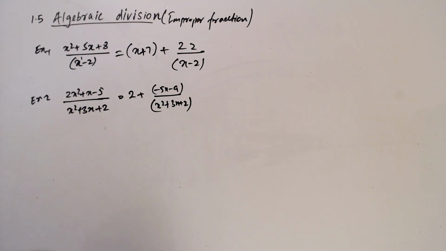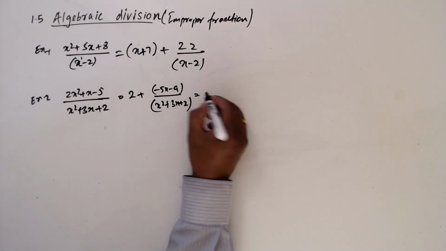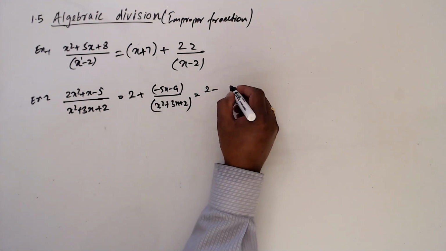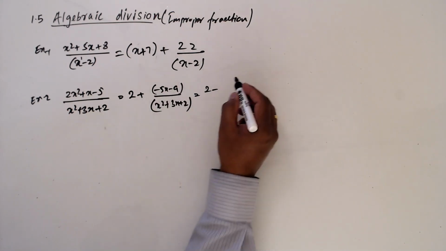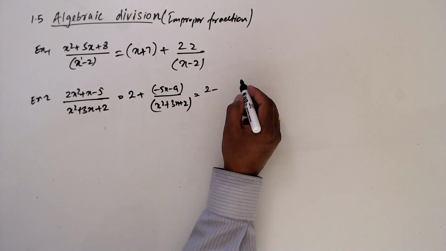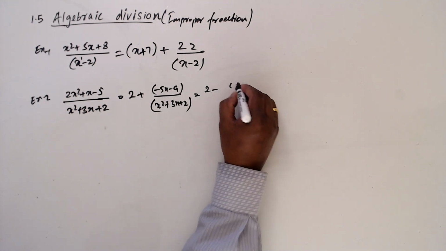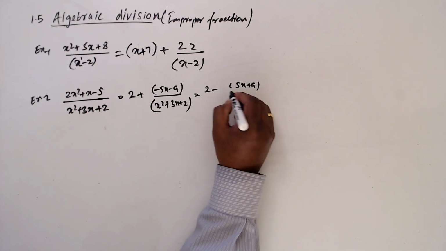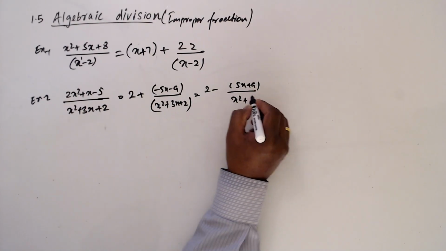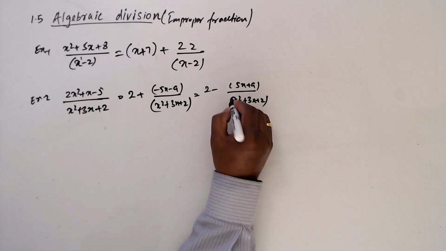Now I will rewrite this one like this: 2 minus, I can take minus out, so this is going to be 5x plus 9 over x square plus 3x plus 2.